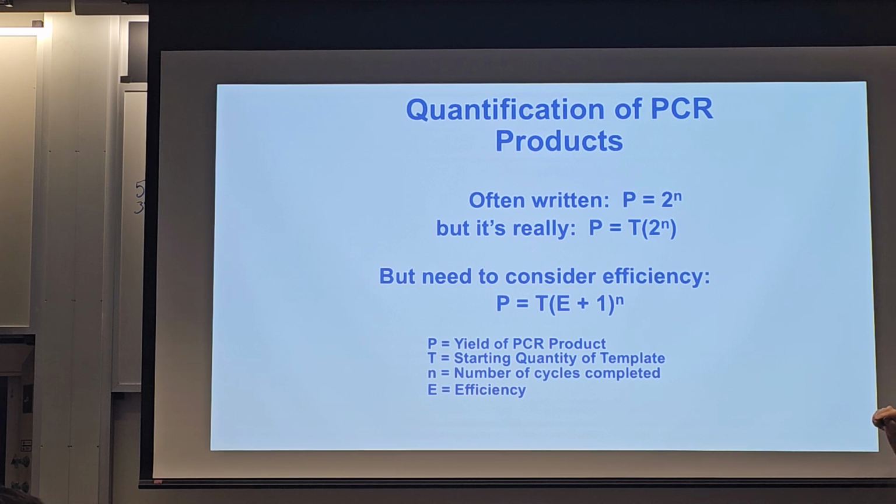When the PCR is being 100% efficient, we're doubling every cycle, right? We know that, then we can go backwards to figure out how much we started with. Make sense? It's pretty cool, and it works. It's amazing.